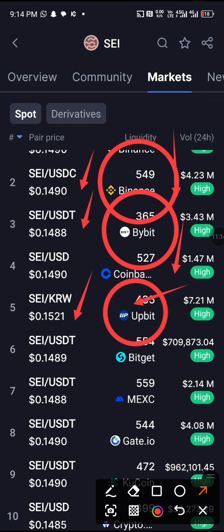So you make your choice of where you're going to buy from and where you're going to sell. You can as well come to Bitget to sell, because the price is also nice there, but the most advisable place to sell here is Upbit. So all you need to do is download Upbit if you don't have it, verify your account, and start making a positive profit for yourself.